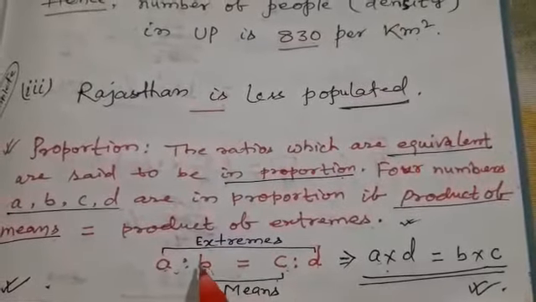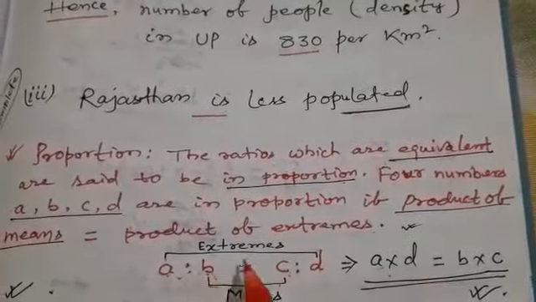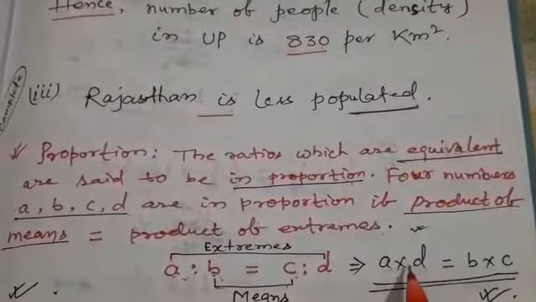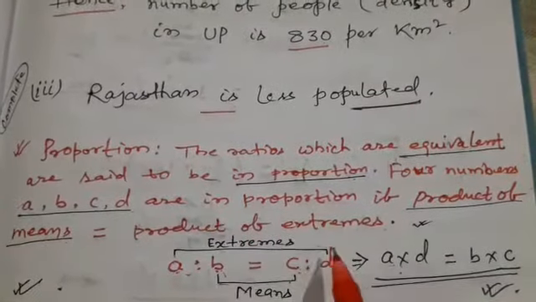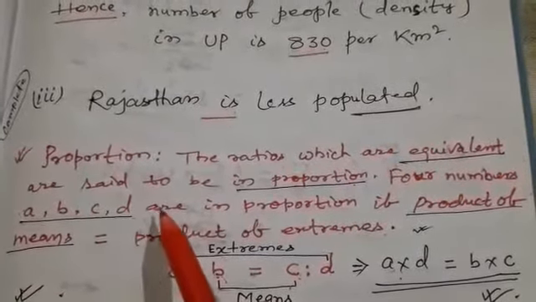If A multiplied by D, the extremes, is equal to the means, B multiplied by C, if both LHS and RHS are equal, then we say that the numbers A, B, C, D are in proportion.